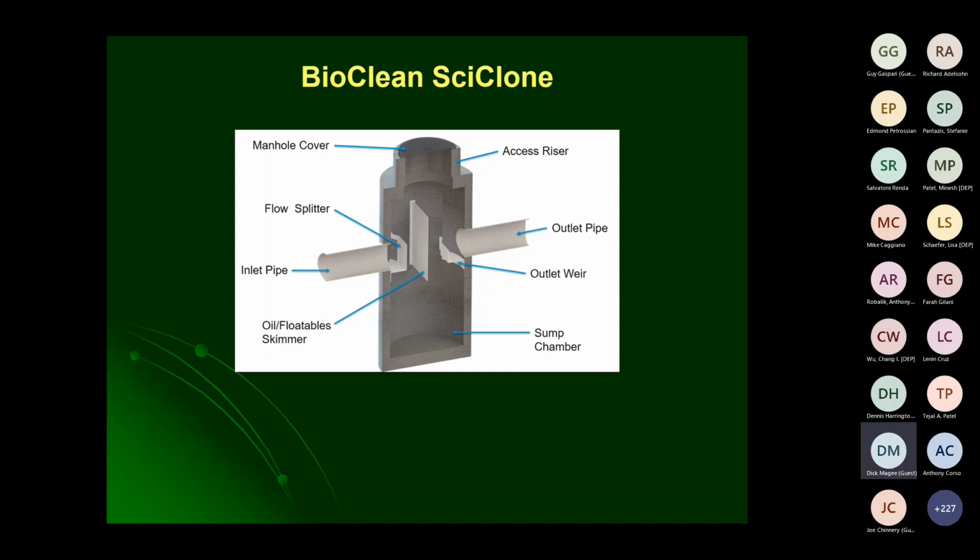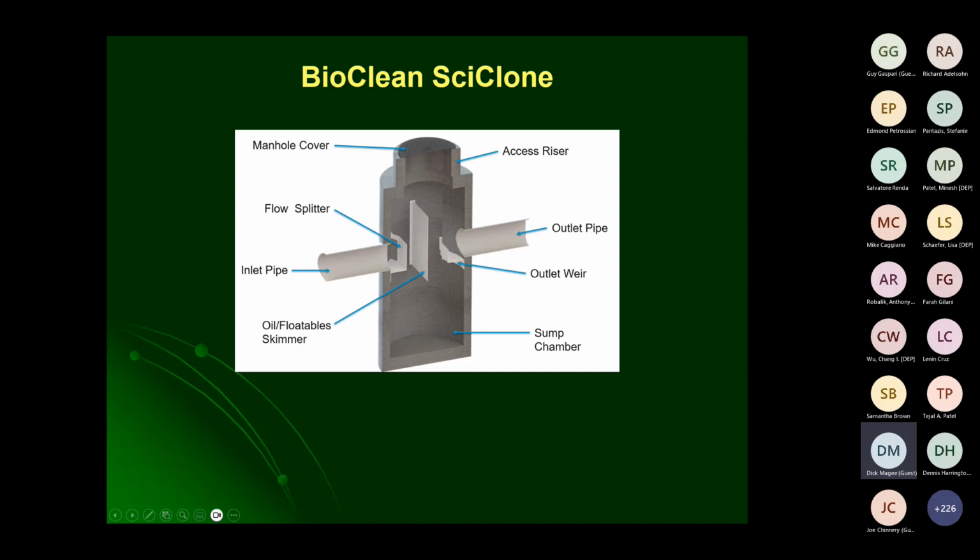Many more common hydrodynamic separators are placed in manholes. Here you have again coming in the inlet pipe on the left. There's a flow splitter. We'll see a little bit more about that. There is an oil floatable skimmer in the middle. There's an outlet weir and an outlet pipe.